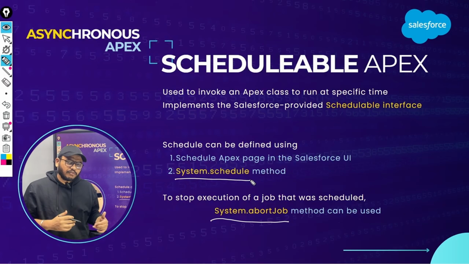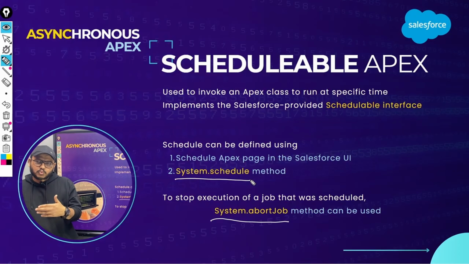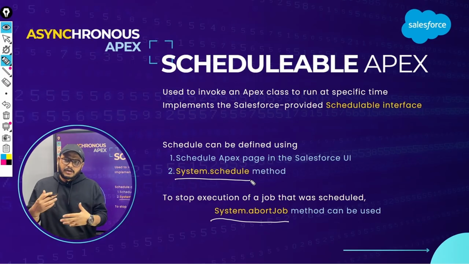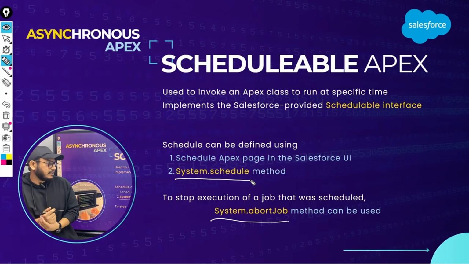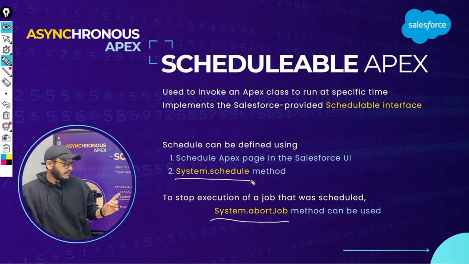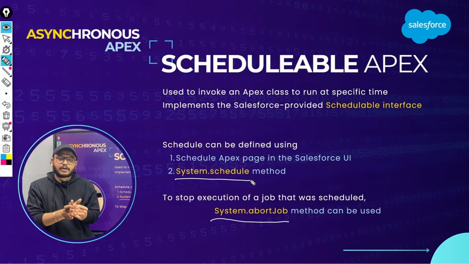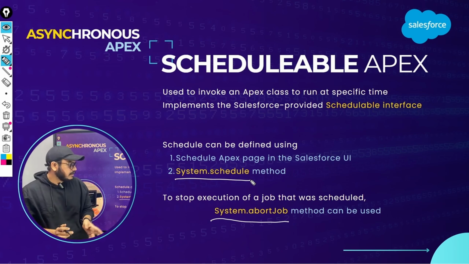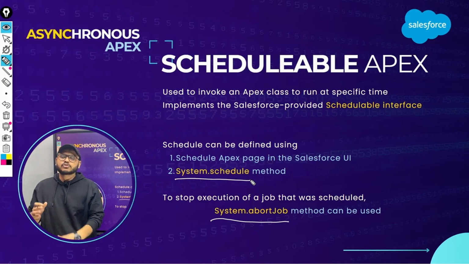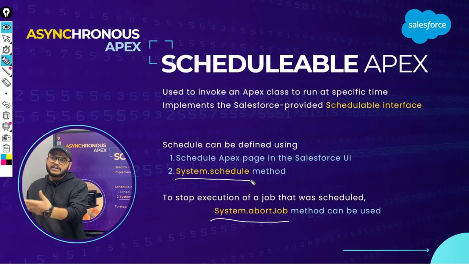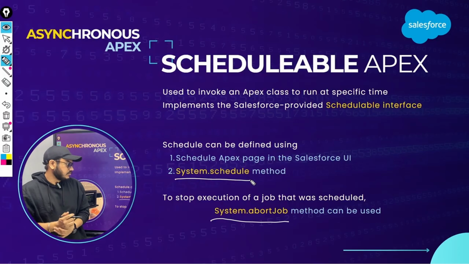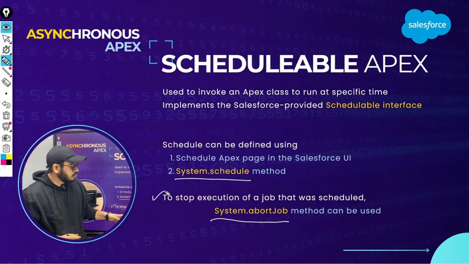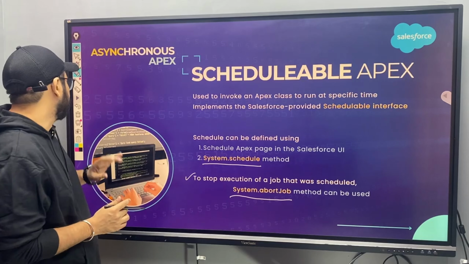However, once it is scheduled, let's say it's going to run every Friday 7 p.m., and now I do not want this execution to happen any further. The difference between Schedulable Apex and Queueable Apex is that Queueable Apex was a one-time thing, while this is a regular thing, happening constantly. So with system.abortJob, you can abort a job which is getting scheduled on a regular basis, to stop the execution of a scheduled job.